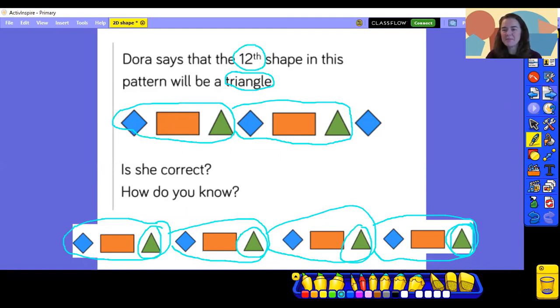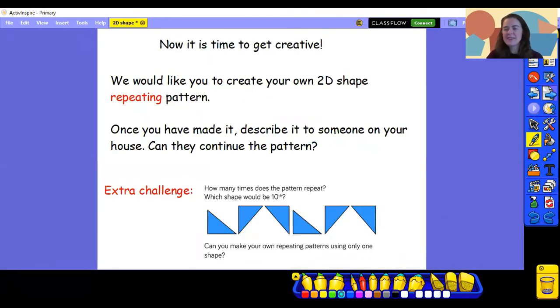Well done. Okay, so now it's time for you to get creative. We would like you to create your own 2D shape repeating pattern. Once you've made it, we would like you to describe it to someone in your house and see if they can carry on the pattern. Now, we've sent you a sheet of shapes which you could use by cutting out and sticking to create a repeated pattern, or you can simply draw and colour your own shapes to make your repeating pattern.